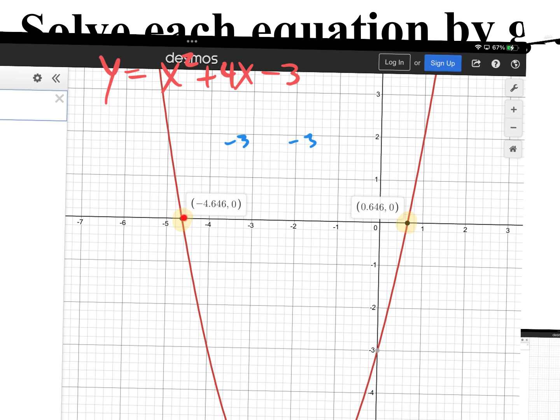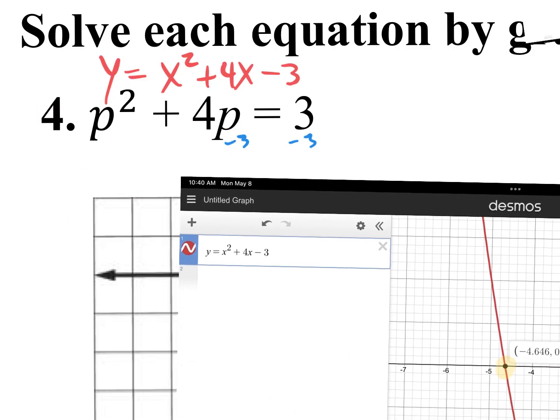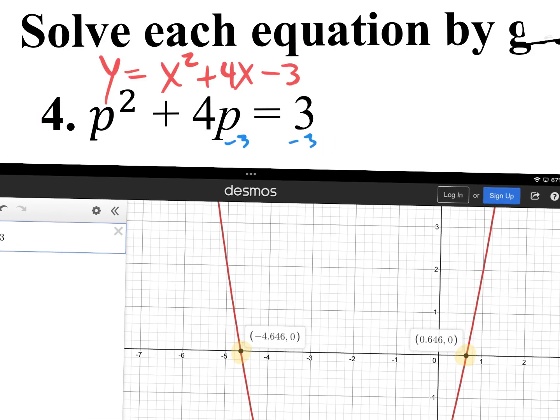So these are technically irrational, crazy decimals. But the instructions say just round it to the nearest tenth, right? So you would write down x equals, or wait a minute, is it even x? No, they're p's. So for number 4, p equals negative 4.6, because rounding to the nearest tenth, that 4 doesn't change the 6 to a 7.